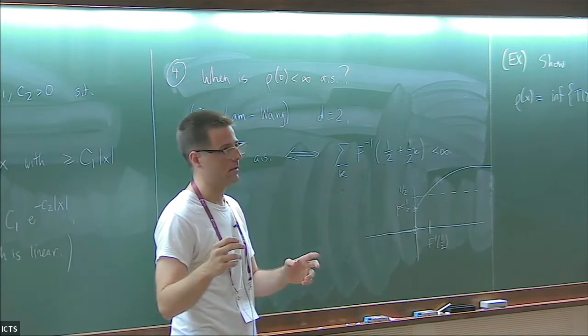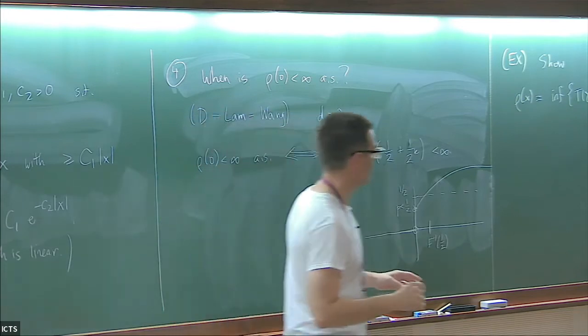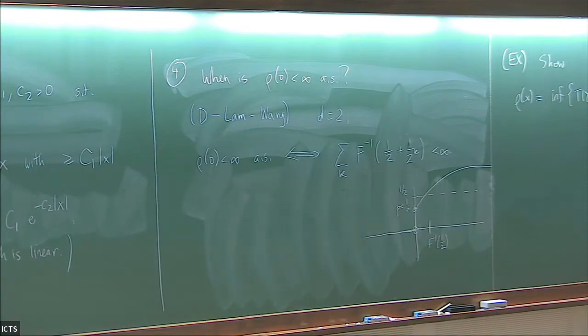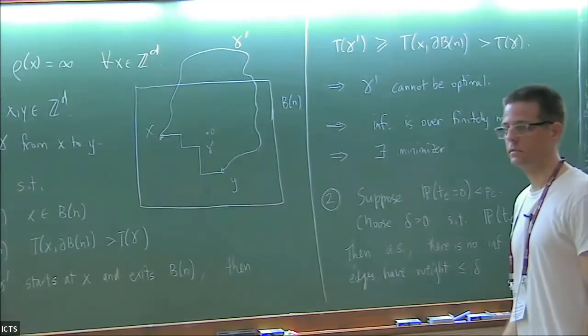So it stands apart from the other two cases, and none of the proofs work. If you try to run this proof over here, you don't get a delta. You need a little bit of room here. And I haven't presented the proof for supercritical, but you can see at least why this doesn't work in that case.